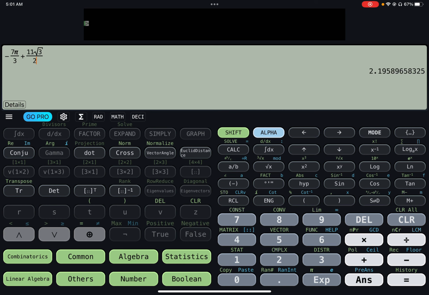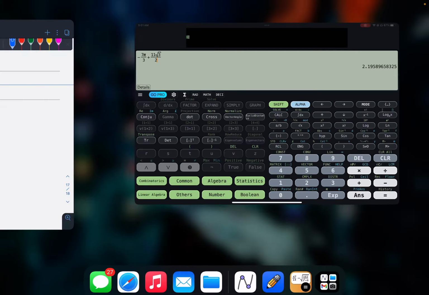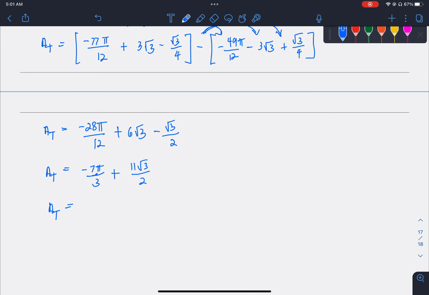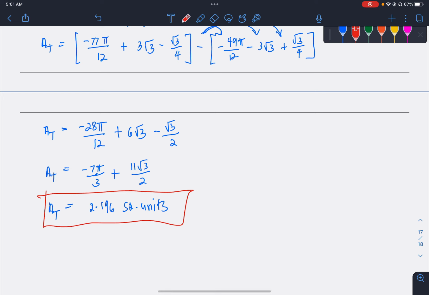Ayun. So 2.196. So it's 2.196 square units. And that's it. Good day.